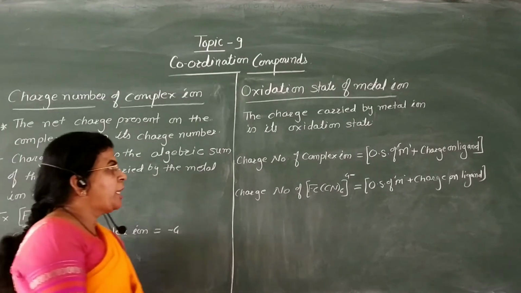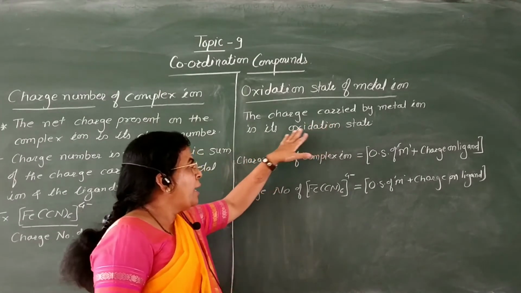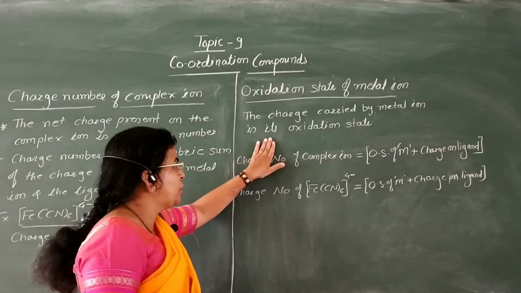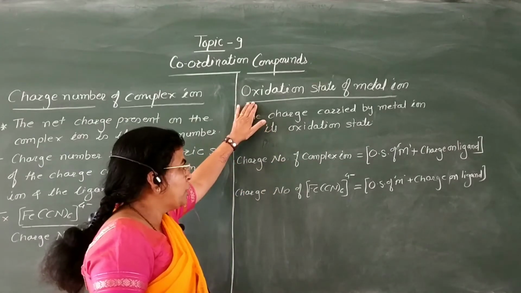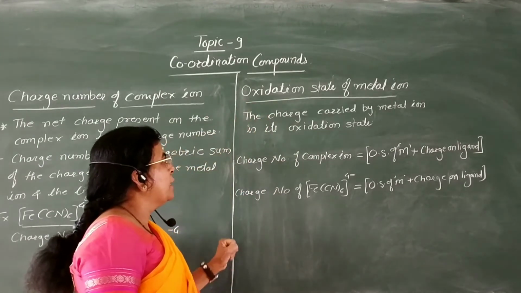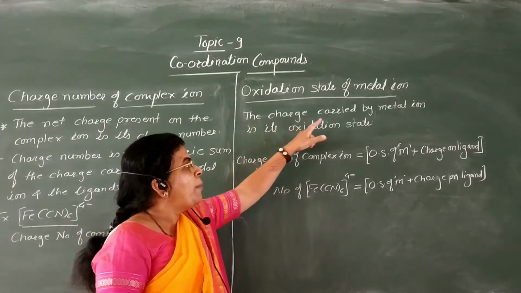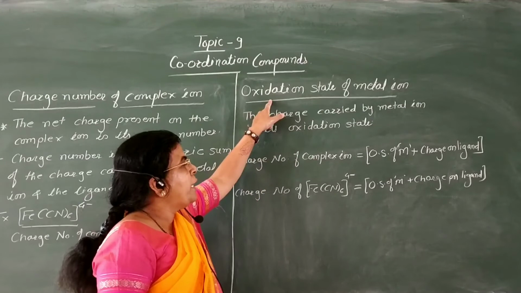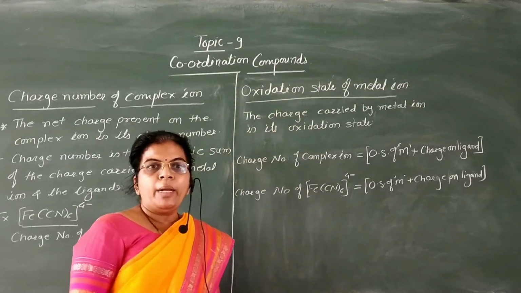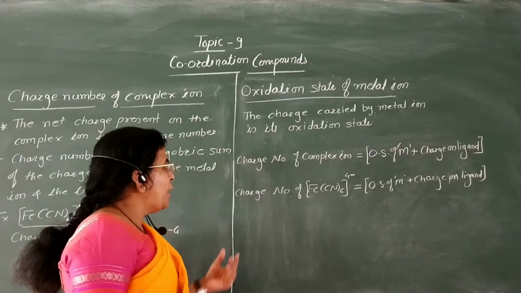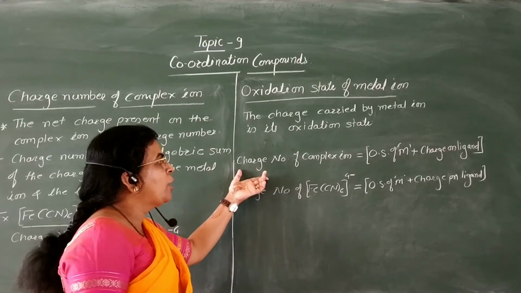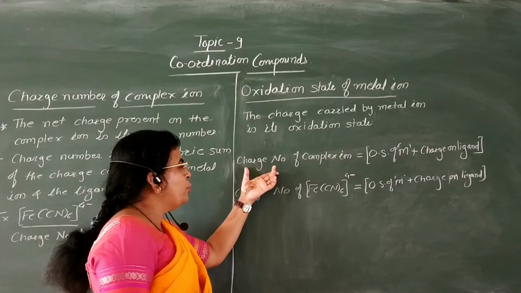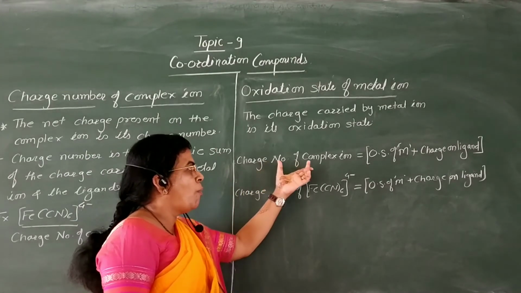The charge carried by the metal ion in its oxidation state is called the oxidation state of the metal ion. Now we can calculate the oxidation state of the metal ion by using the charge number of the complex ion.